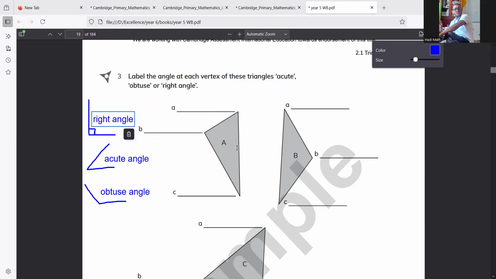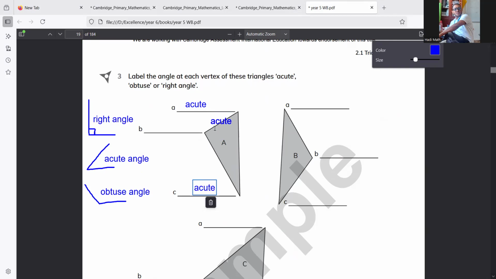So you go. The acute angles are very clear. Like this one is acute. And remember, in any triangle, you'll find at least 2 acute angles. This one is acute.